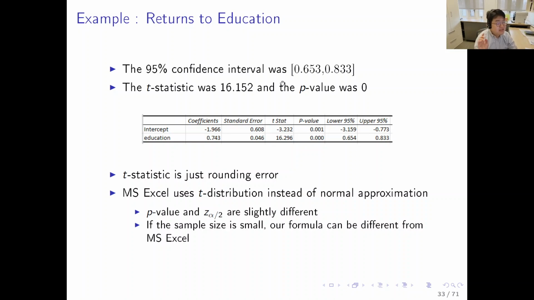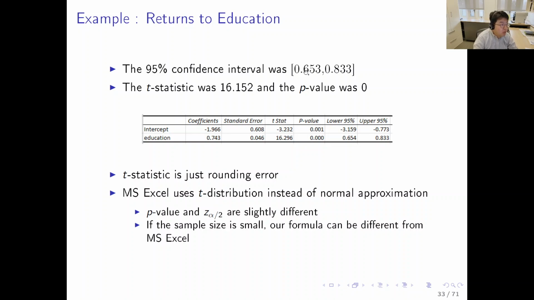The second reason is that when I calculated the p-value and the confidence interval, I approximated everything with the normal distribution because that's good enough. But Excel uses the t distribution, which is slightly different from the standard normal distribution.